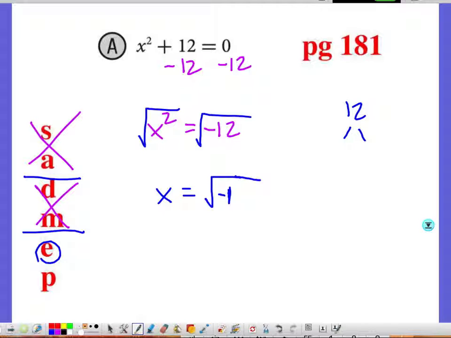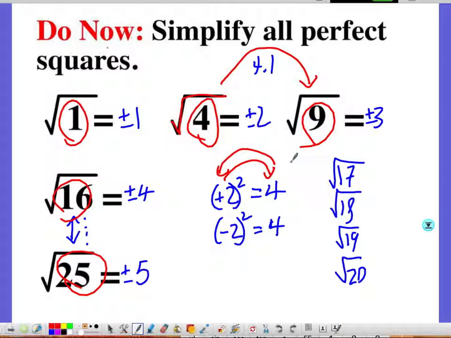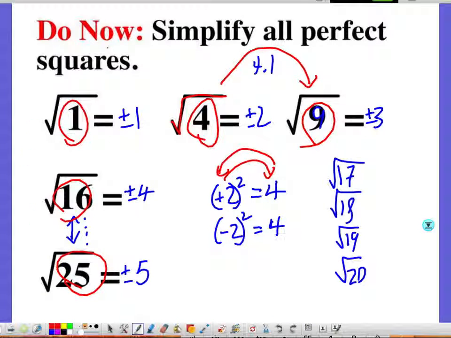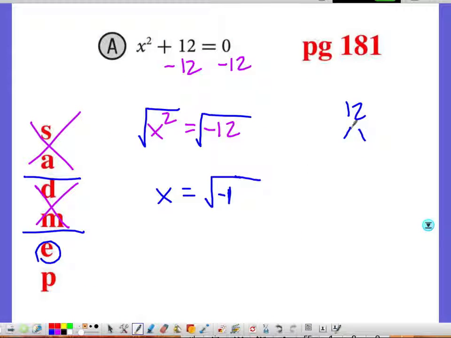Now, going all the way back to the very beginning, is 12 a perfect square? Nope, because I go from 9 into 16. So all those numbers in between are not perfect squares. That means that my next thing I want to do is find the factors of 12 that might contain a perfect square. So I have 2 and 6. Those don't contain perfect squares.